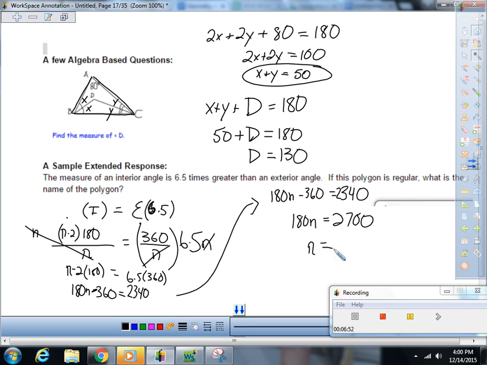Divide each side by 180. 27 over 18 is 15. Seriously, what's wrong with me? So n is 15. So this is a pentadecagon.